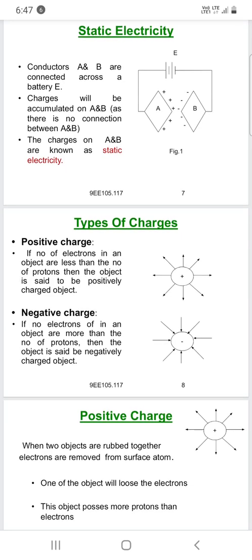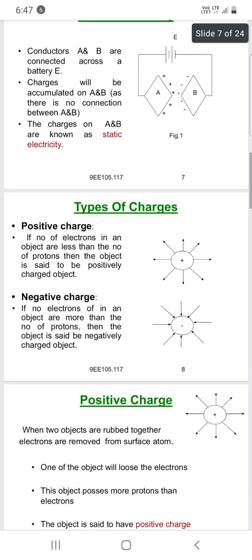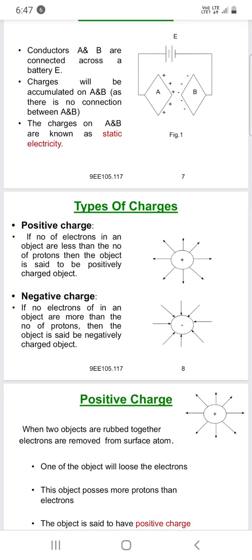So the charge on conductors A and B is known as static electricity, either positive charge or negative charge. It is not transferred because the circuit is open.